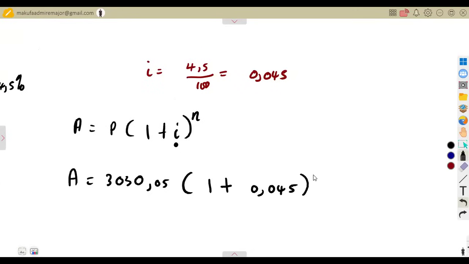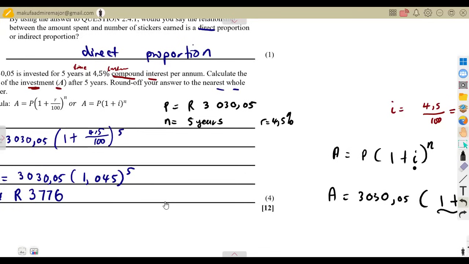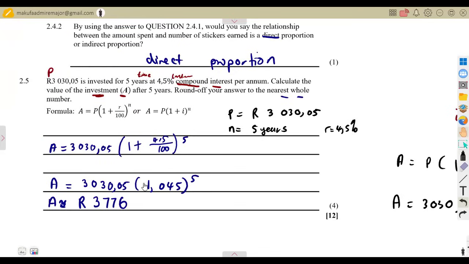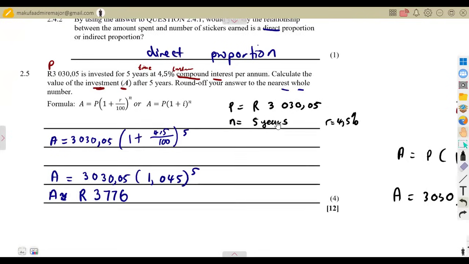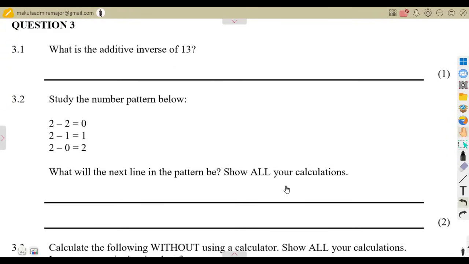You divide by 100. As you can see, it is one and the same thing as what we had. If you add, it's going to be 1.045. We are back to this stage. You approximate to the nearest whole number. That was the idea of the question. They are going to ask questions typically of this nature, so you just have to be very, very careful in that scenario.